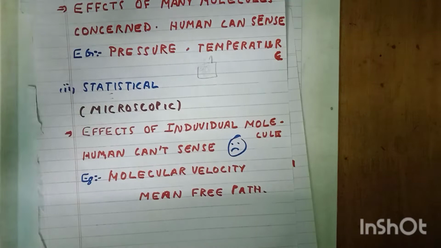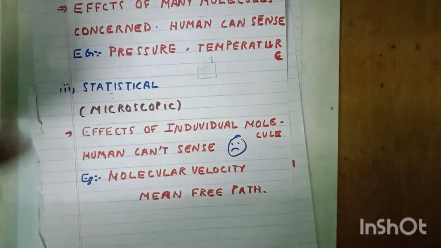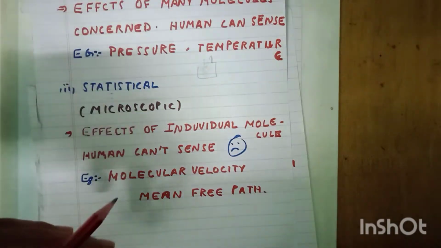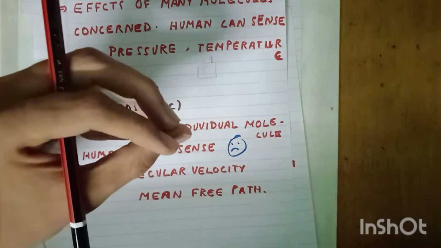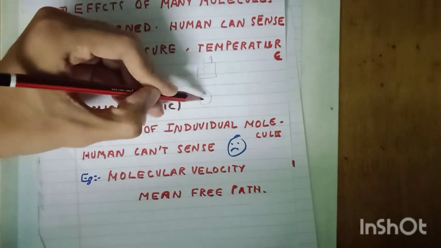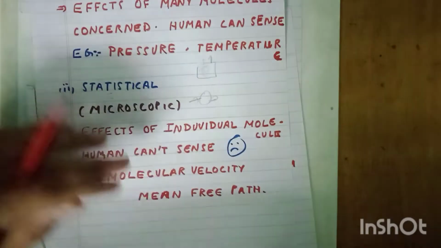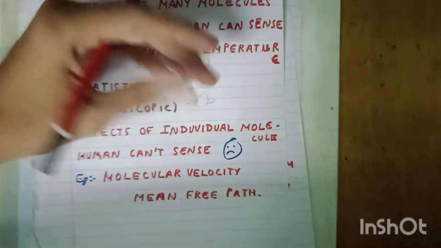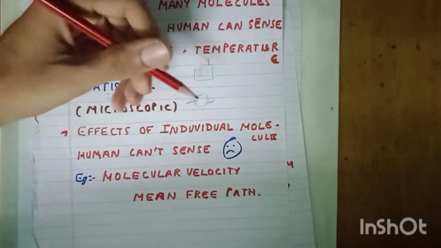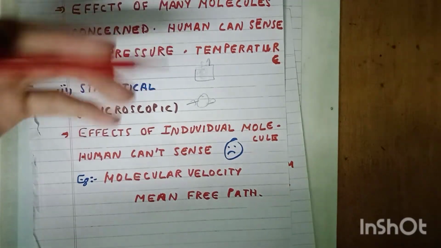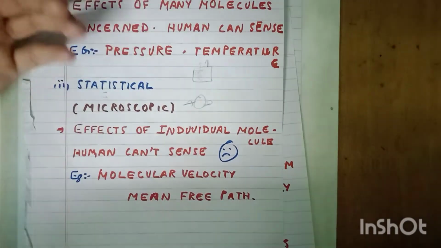Another type is statistical thermodynamics. In this, we study the system or machine based on the effects of individual molecules. That means one molecule is taken, and for that molecule you will have a certain velocity, and many other factors. This cannot be sensed by humans, as molecules are of very small size.